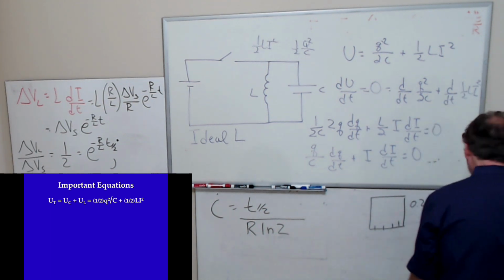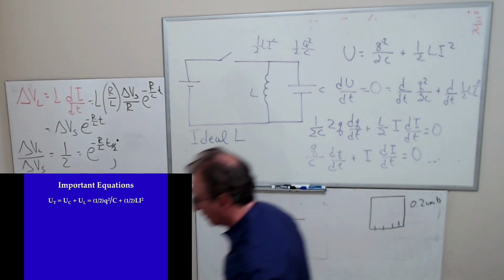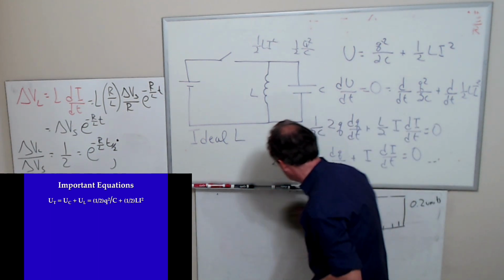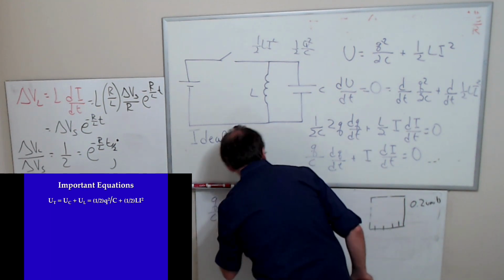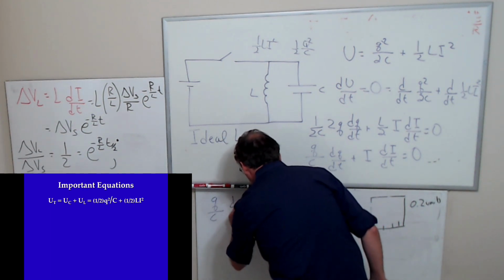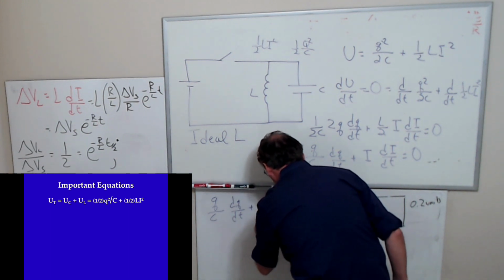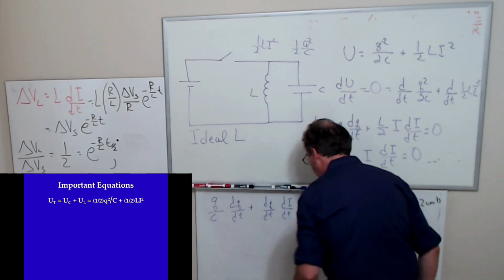Now what's I? I is dq dt. Right? I is dq dt. So I get q over c dq over dt plus L I di over dt equals 0.